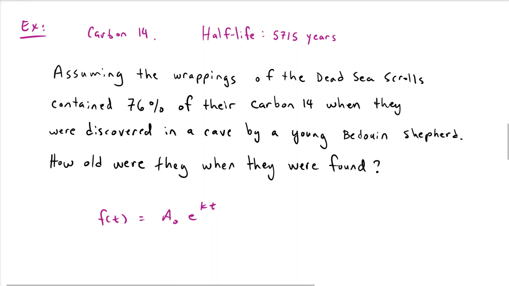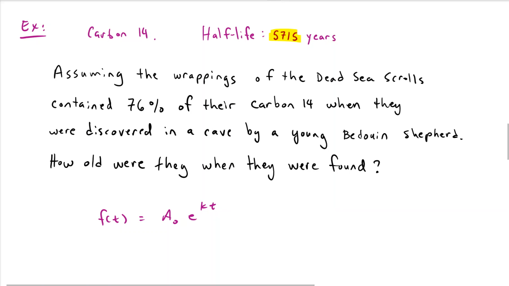Well, good for us, carbon-14 has a half-life. That means the specific amount of carbon-14 that was present in those wrappings decays at a given rate, meaning every 5,715 years, half of what was originally there is gone. So they harvest the plant material to make the wrappings, and the time starts ticking. 5,715 years later, half of what was originally there is now there.